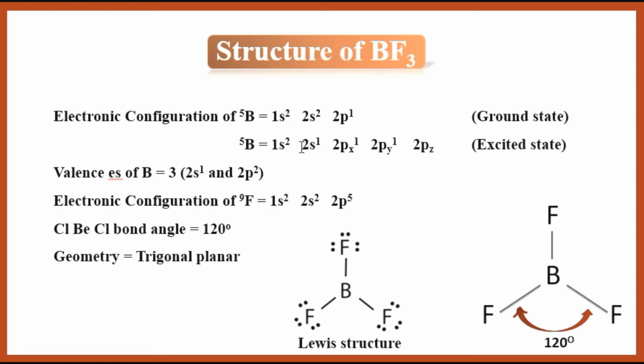Hence, in this case, these 3 orbitals, 2s, 2px, and 2py, contain the valence electrons, which come out to be 3 in total.